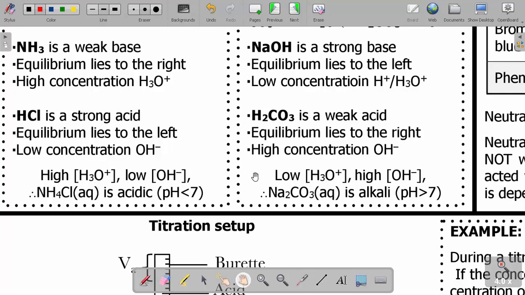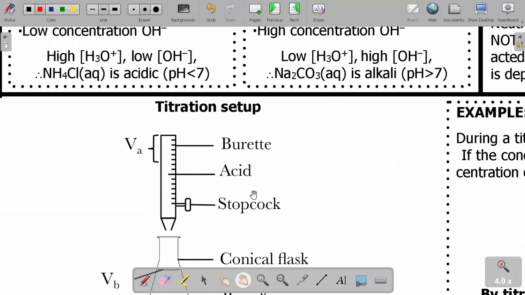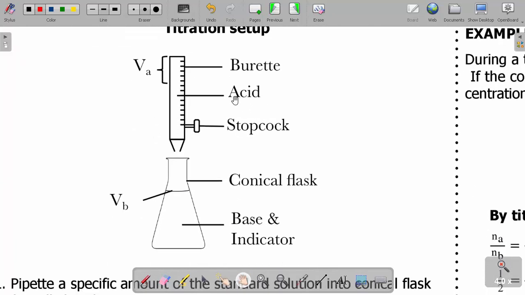Alright, now let us look at the titration setup here. When we are titrating, we have what we call a burette. We put the acid in here, and this is a stop cork, and this is the conical flask, and we have the base and the indicator in here.